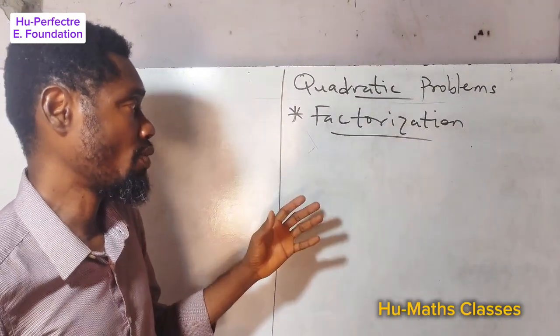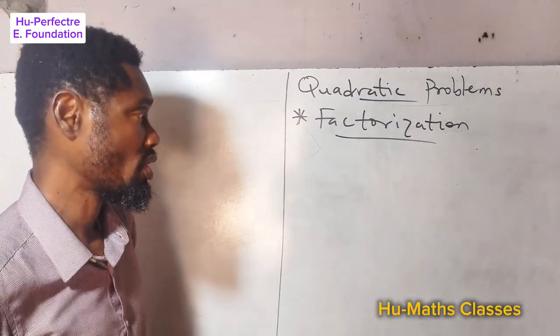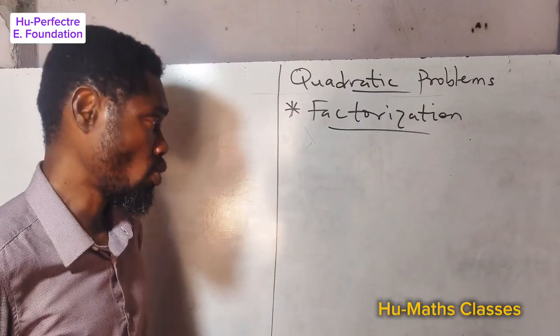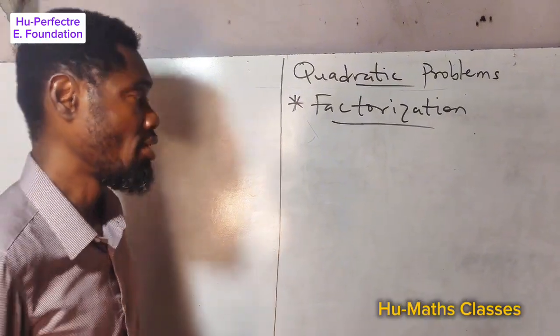So if we want to solve any quadratic problem using this method, which is called the factorization method, it means we are to express that quadratic equation as a product of two linear factors.